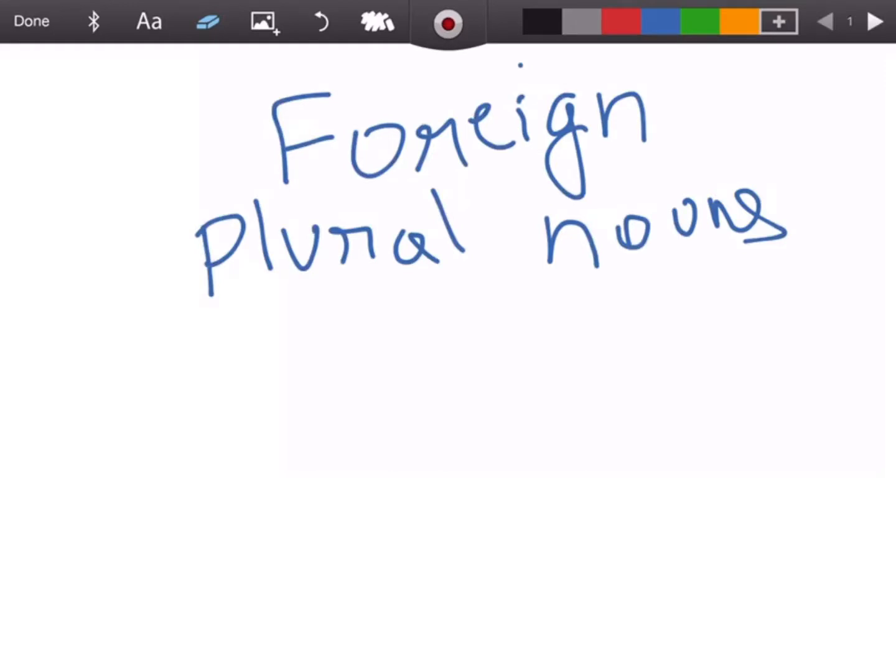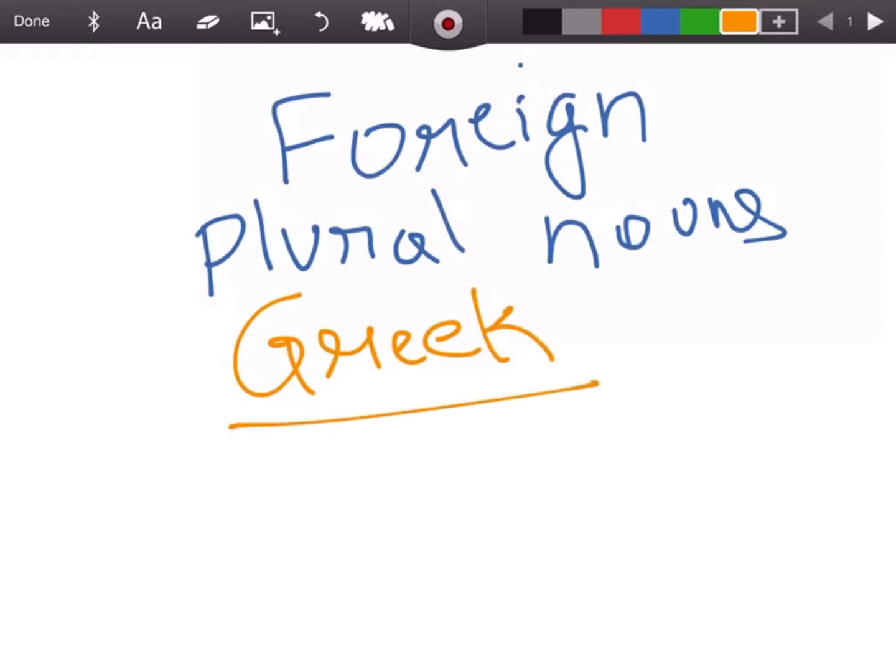Now the words which come from Greek, I'm going to show you those. Let me write these words down. For example, thesis, which comes from the language Greek, and also the word criteria.